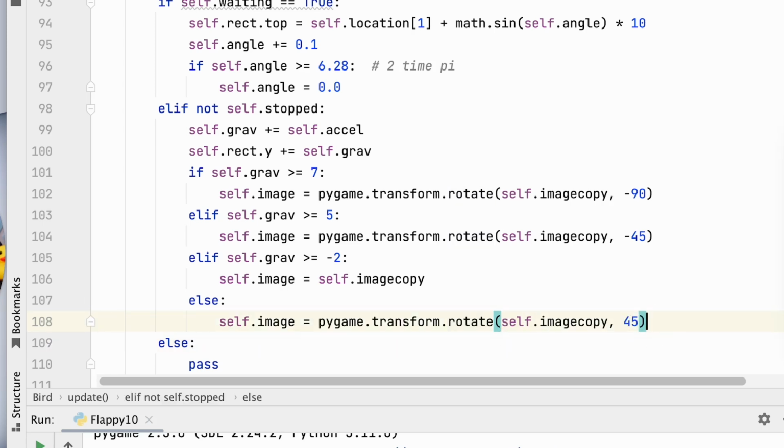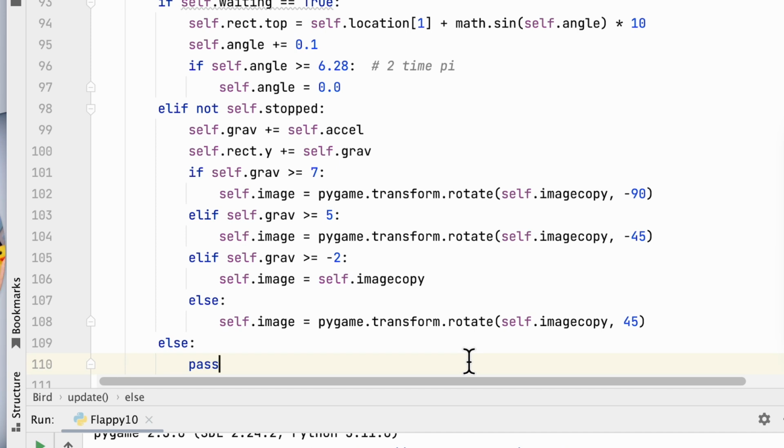We don't need that. So again, if gravity is more than 7, that means gravity is real high and the bird is nosediving, meaning we need to rotate that image minus 90 degrees, straight down. If it's greater than 5, but not more than 7, then we're just going to rotate it 45 degrees.